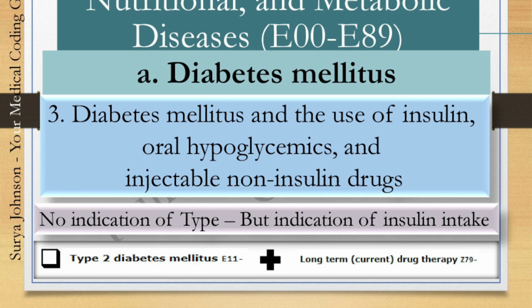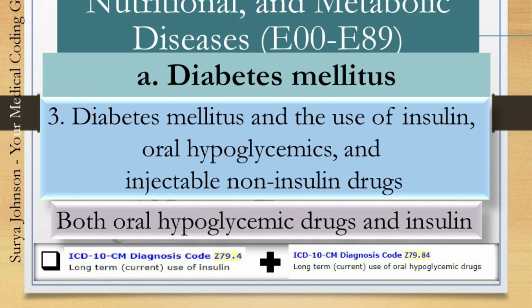In another scenario, patient is diabetes mellitus and also the patient is taking both oral hypoglycemic drugs and insulin. If the patient is taking oral drug for the diabetes and also an injectable insulin, in this scenario, you will code the diabetes mellitus as a principal diagnosis and then you will code Z79.4, which is the long-term current use of insulin, and also additionally you will be coding Z79.84, which is the long-term current use of oral hypoglycemic drugs.